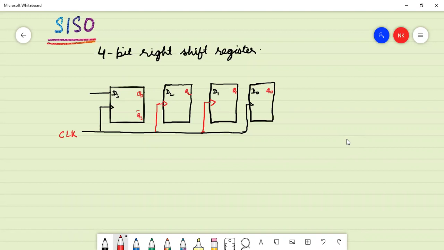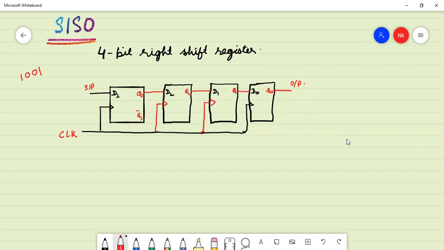Okay, so as it is a shift register, what it will do is just shift the data to the next flip-flop. And here we will apply the input, and from here we will get the output. Okay, so let us take an example that we have data as 1, 0, 0, 1.